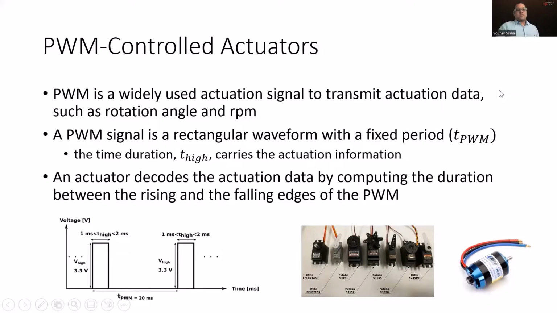For a servo, for example, T high of 1 millisecond would mean rotation to one extreme, 1.5 would mean neutral, and then 2 milliseconds would mean rotation to the other extreme. Similarly, for a DC motor, 1 millisecond is 0 RPM and 2 milliseconds is maximum RPM. An actuator computes the T high by computing the duration between the rising and the falling edges of the PWM.